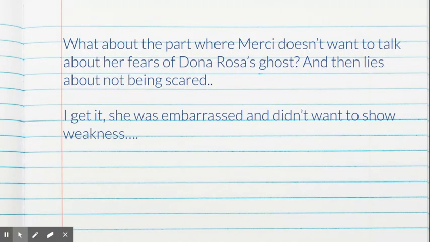So if I'm thinking back on Soul Painting Inc., I loved how much of an entrepreneur she was. She was so ambitious. But I keep thinking about that part where Mercy doesn't want to talk about her fears of Donna Rose's ghost. And then she lies about not being scared. I mean, I get it. She was embarrassed and didn't want to show weakness.